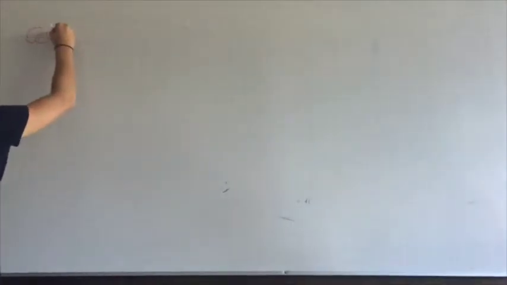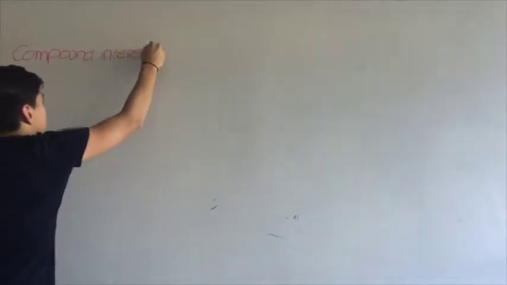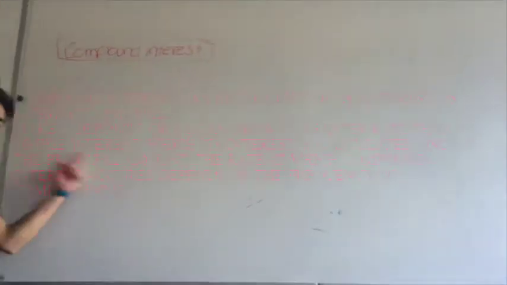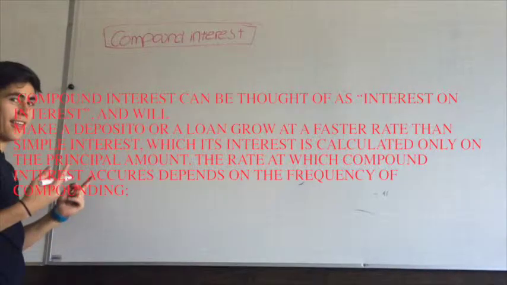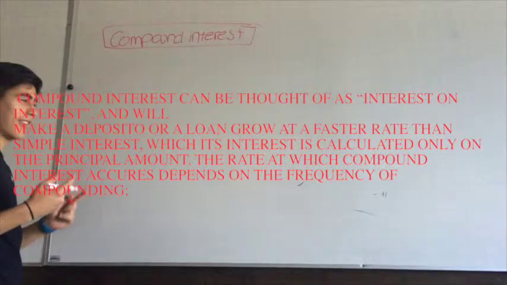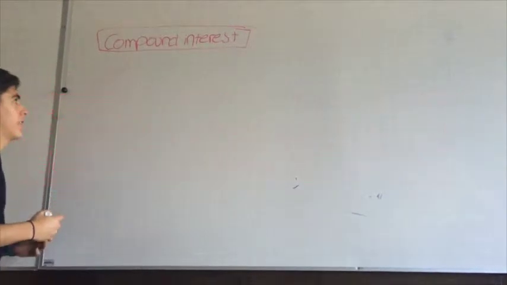Compound interest can be thought of as interest on interest, and will make a deposit or a loan grow at a faster rate than simple interest, which is interest calculated only on the principal amount. The rate at which compound interest occurs depends on the frequency of compounding.